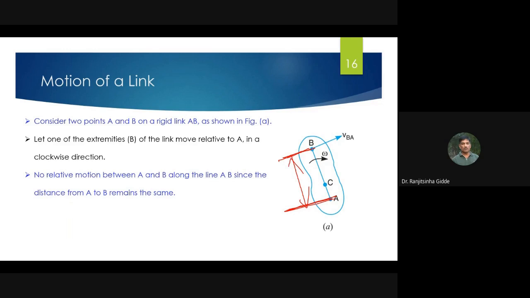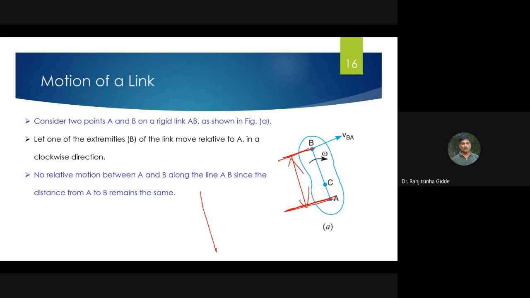B is at a particular location on this link and A is at a particular location. The distance between these two is not going to be changed.